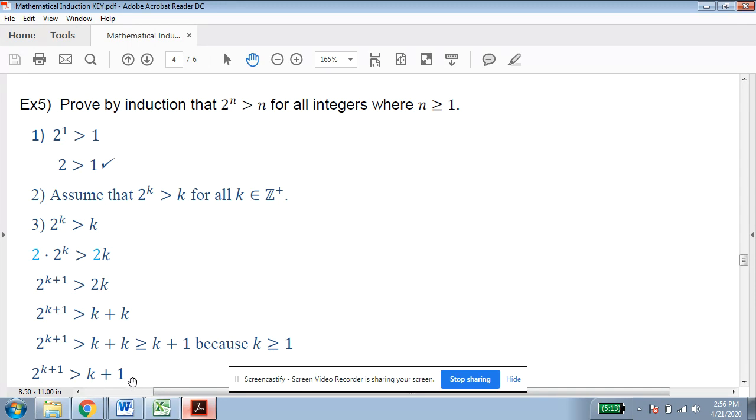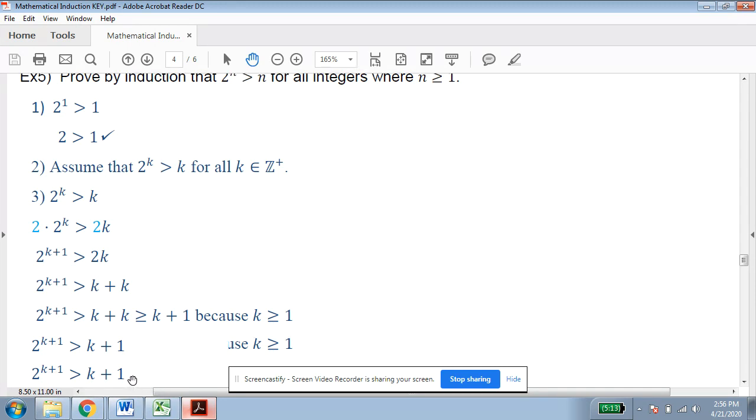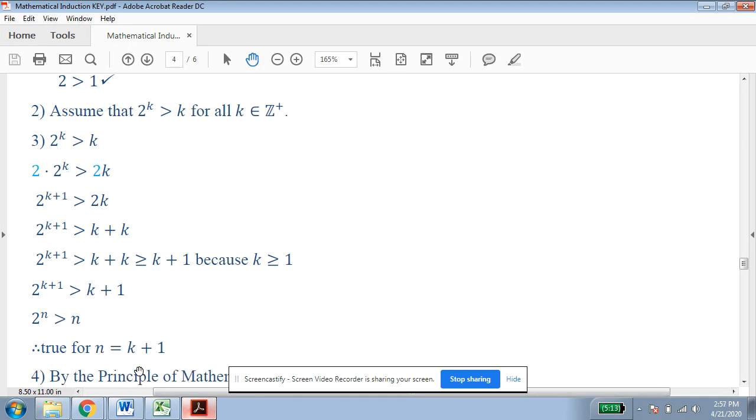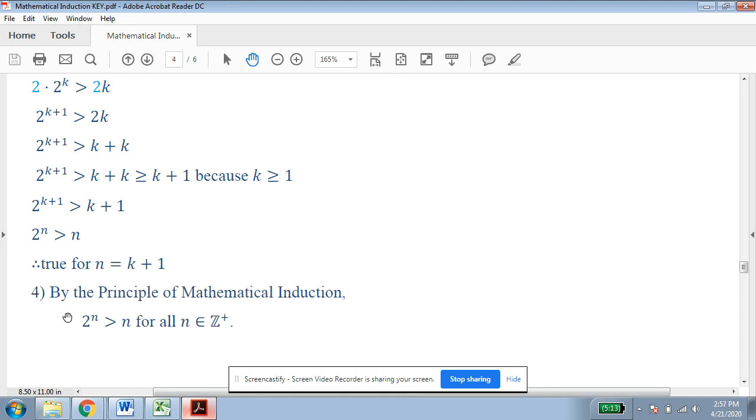Where I used to have just a k on the right is a k plus 1. So I have everything replaced with k plus 1s. So k plus 1 equals n, just like n equaled k originally. So it's true for both n equals k and n equals k plus 1, which means I can end it by the principle of mathematical induction. 2 to the n power is greater than n for all positive integers.